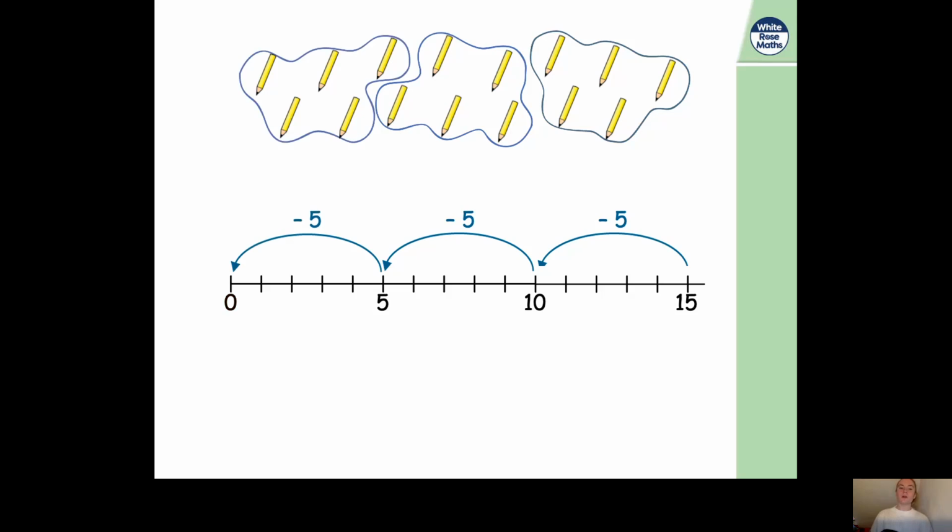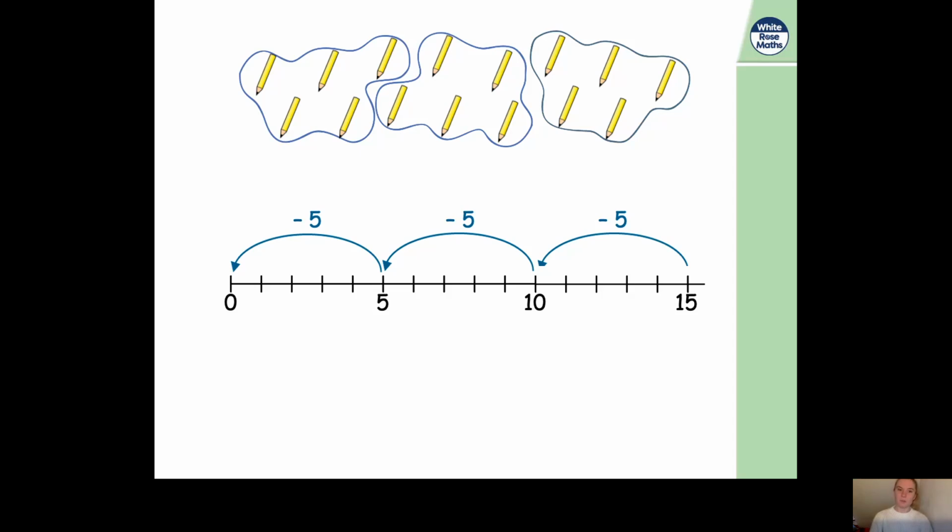And oh, we've jumped back another 5 because look, we jumped back 5 from 15 to 10 when we grouped the first group of 5. And then we jumped from 10 back to 5, so minus 5, when we grouped the second lot of 5. And then we jumped back 5 from 5 to 0 when we grouped the last group of 5.